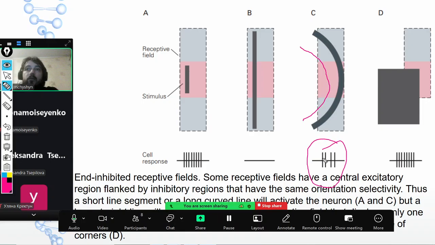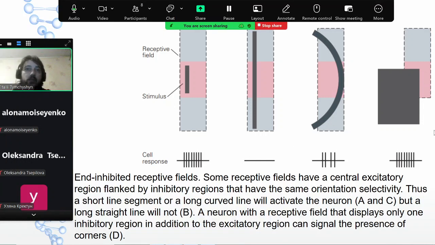Then we will have some action potentials depending on how it gets in there. Or we may have a differently organized receptive field like this one, with one plus and one minus, and this may be used to detect corners of objects. So when a corner gets into the plus area, action potentials are generated.